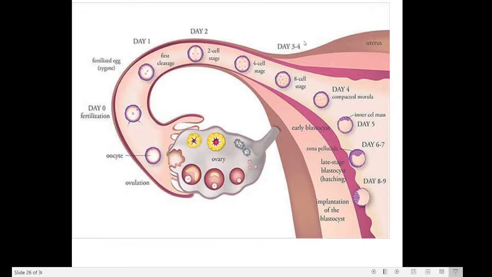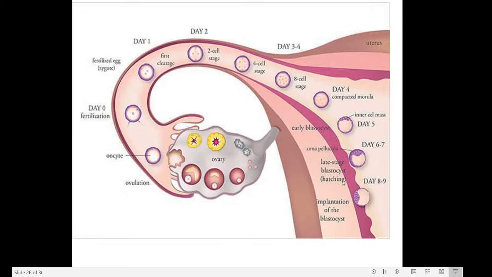This is a very important thing from the exam point of view. They ask the count and date. Then on day 4 it is the compact morula, and on day 5 the inner cell mass is produced, that is the early blastocyst. The early blastocyst reaches the zona pellucida on day 6 to 7.